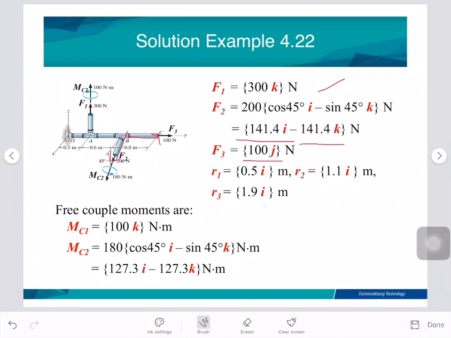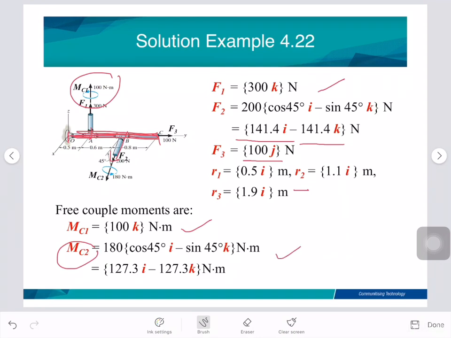Then we identify R1, because we need to create the moment R cross F. This is R1, this is R2, and this is R3. This is the couple moment MC1, which is already in K, and MC2 is in I and K.